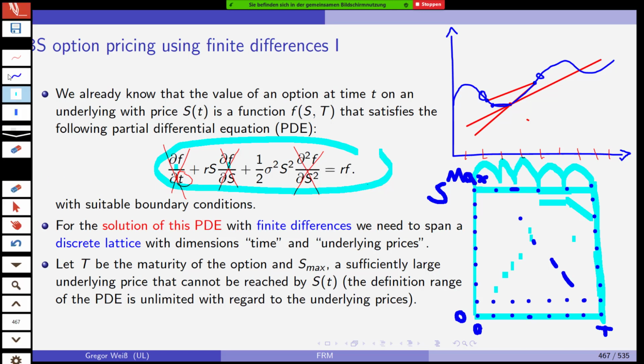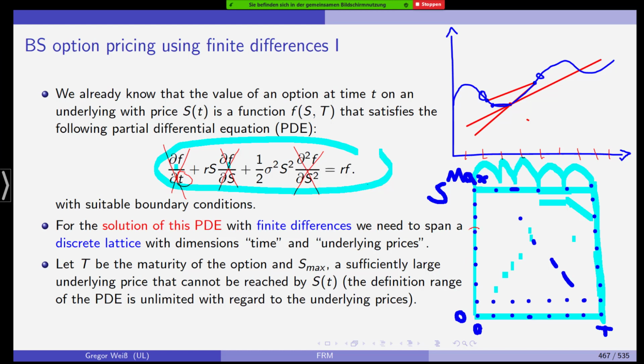And if we, for example, know that this here is S0, then that's the option price. If the underlying price is between here, we need to interpolate. So for example, if this is an option price of 5 and this is 7, well, then we would say, okay, the option price is somewhere in between. If we interpolate, probably 6.